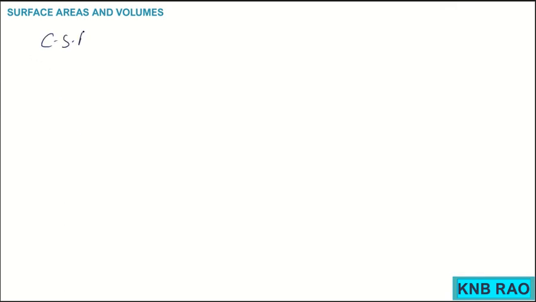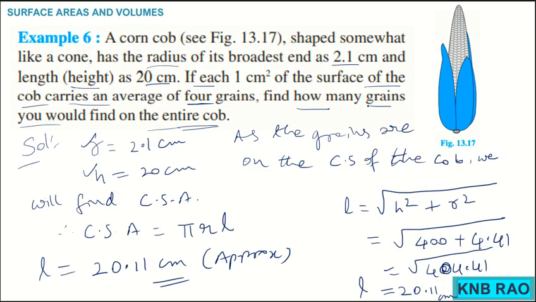So the CSA of the cob is given by the formula pi r l. By substituting values, they asked us to use pi as 3.14 in the given question, or you can use 22/7.